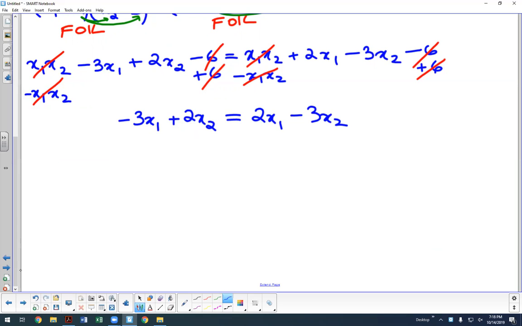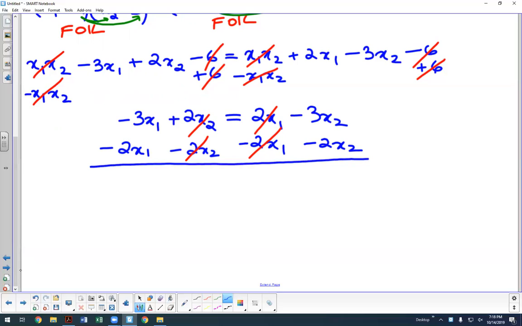You should end up actually cleaning up pretty nicely. So let's see, if I start by moving the 2x1 by subtraction, these guys will cancel out. I'm moving 2x2, which actually should be minus 2x2. These guys cancel out, leaving us behind with, what's that, negative 5x1?